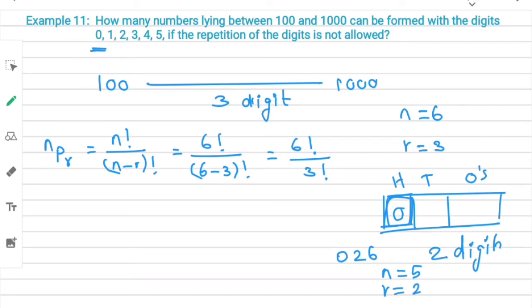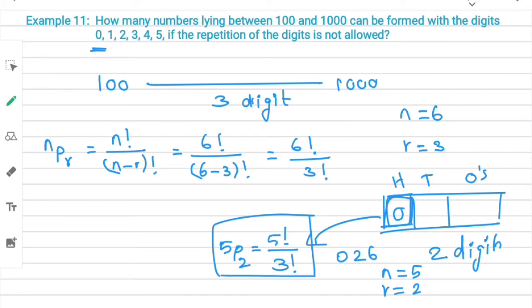Therefore, 5P2 is nothing but 5 factorial by (5 minus 2), that is 3 factorial. So this I have to subtract from this. That is 5 factorial by 3 factorial should be removed from this.